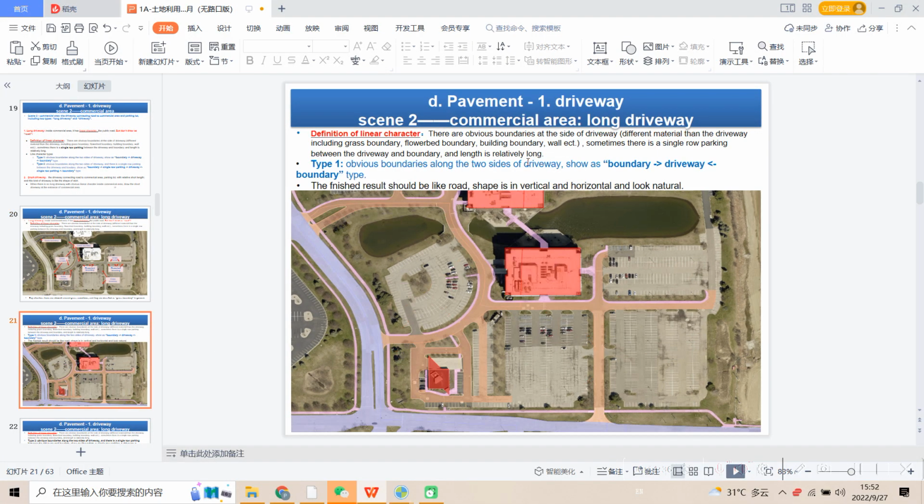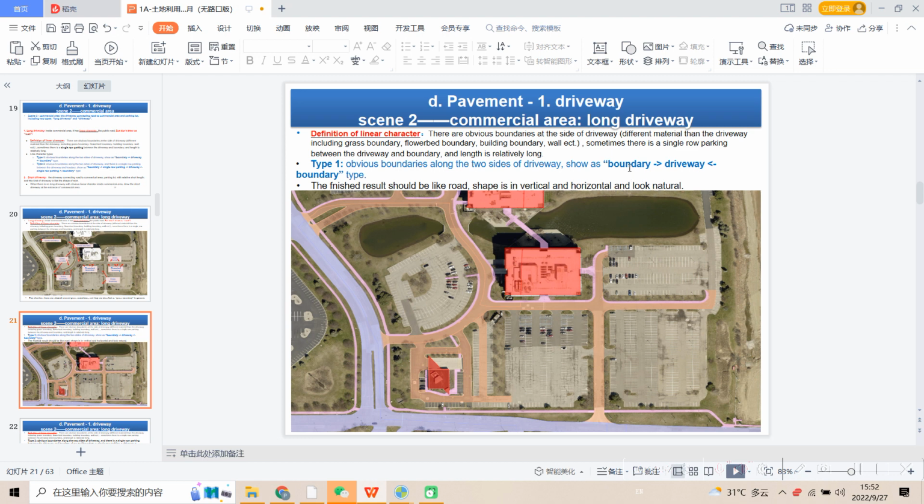Next, let's take a look at the finished result. As you can see, all the orange color area is the long driveway area, and we can see the linear character fits the definition perfectly, right? Boundary on each two sides and a relatively long side.